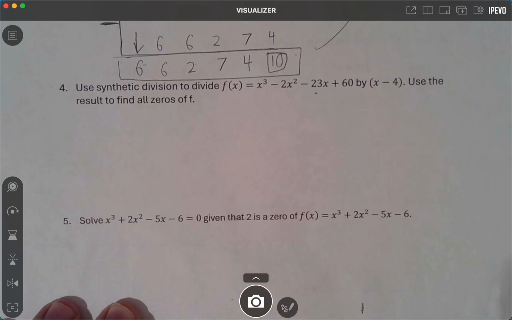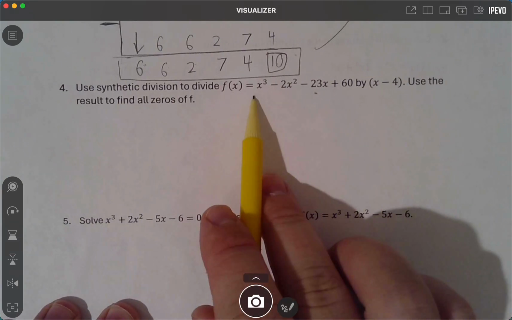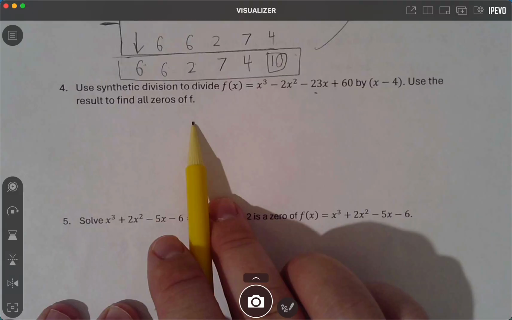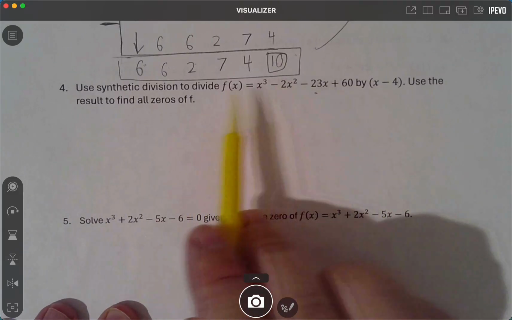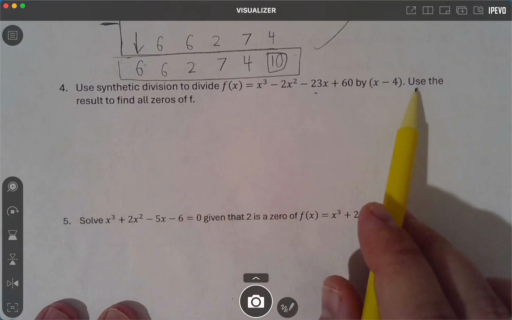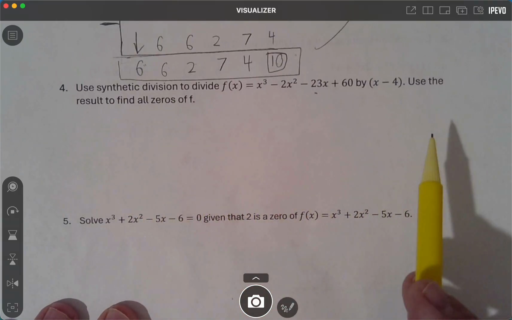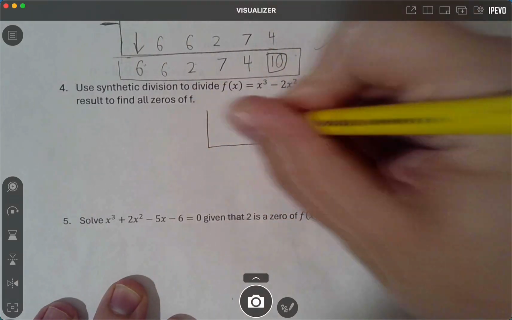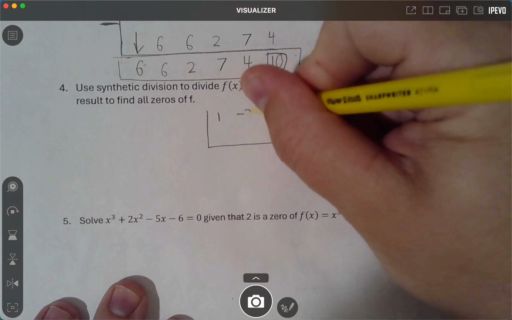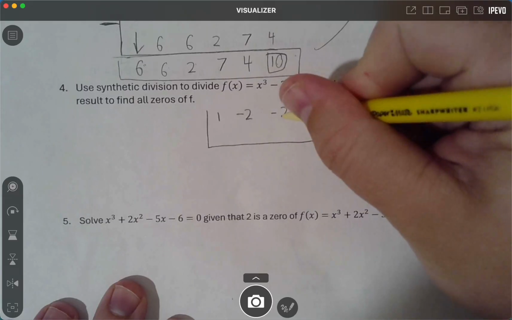In other words, when I do this synthetic division, I know, based on the phrasing of the question, I will get 0 at the end of my synthetic division because they're telling me from my result, I'll be able to continue. So I now know that when I'm done with this, I'm going to get 0. Great. A little self-assurance, or a little way to catch a mistake if I don't.